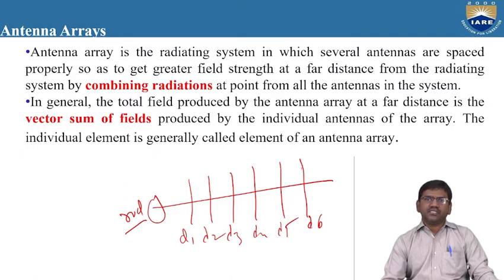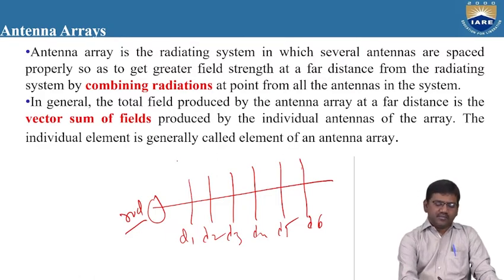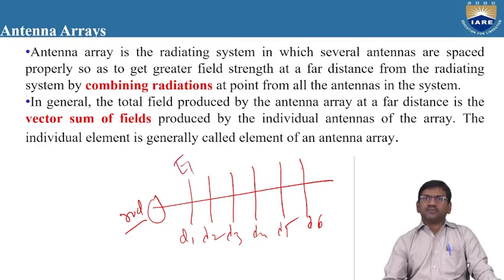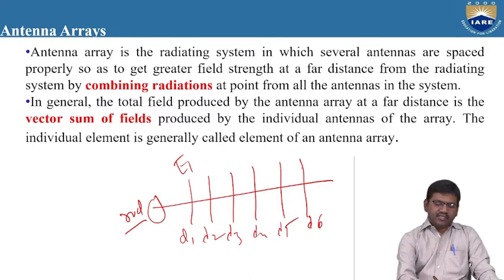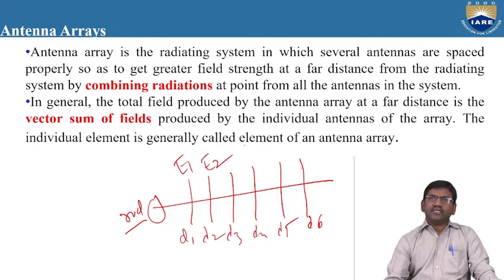The individual elements in our case are D1, D2, D3, D4, D5 and D6. Each individual element will produce some field strength. The field strength produced by D1 will be E1, and the field strength produced by D2 will be E2.